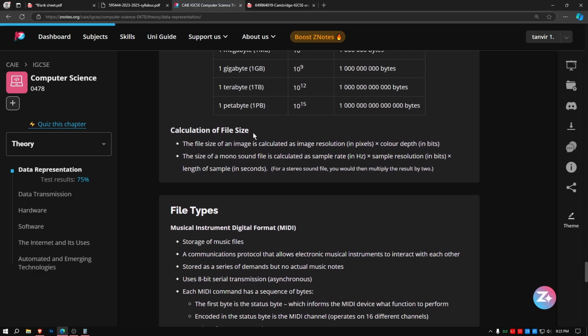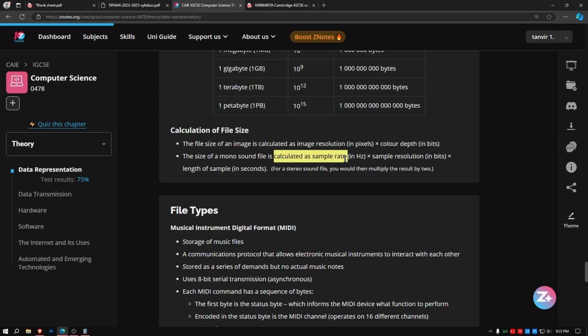And for file size of, let's just say, any kind of sound, you take the sample rate, number of samples per second, right? The number of samples will be a whole number or integer, right? So 300. And the sample resolution in bits. So again, like pixels, pixel has no unit.